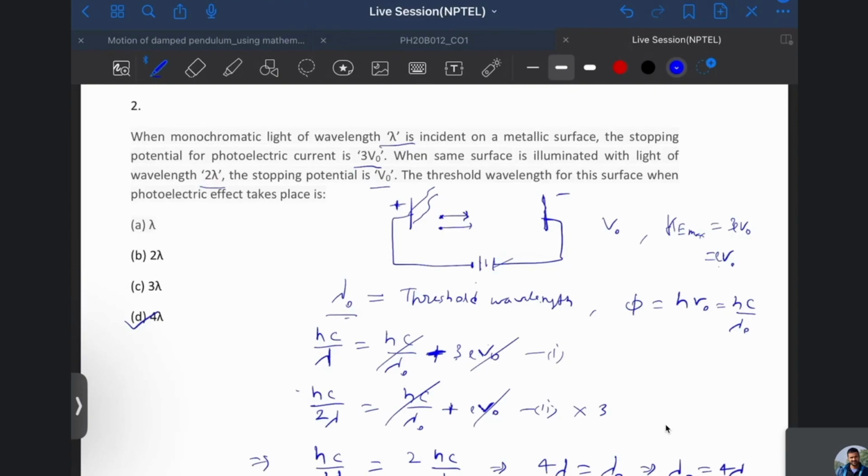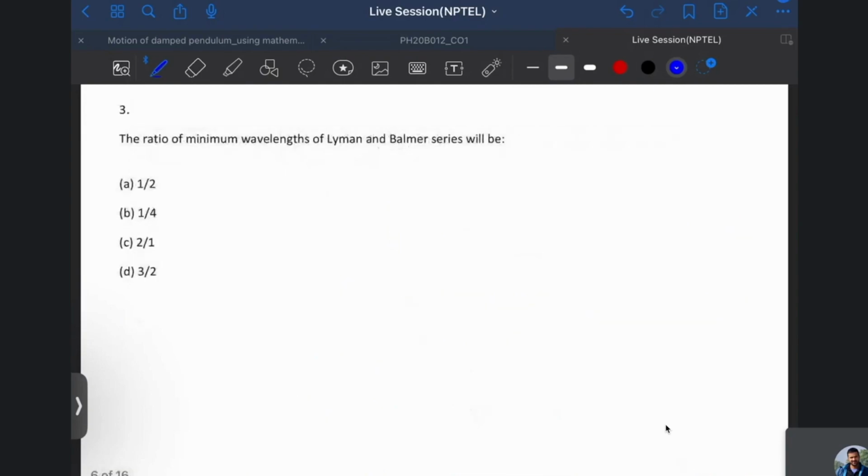Okay, then let's move to the next problem. Here it is asking the ratio of minimum wavelengths of Lyman and Balmer series. I just showed you the formula for wavelength for Lyman and Balmer series, so let me write it out once again.